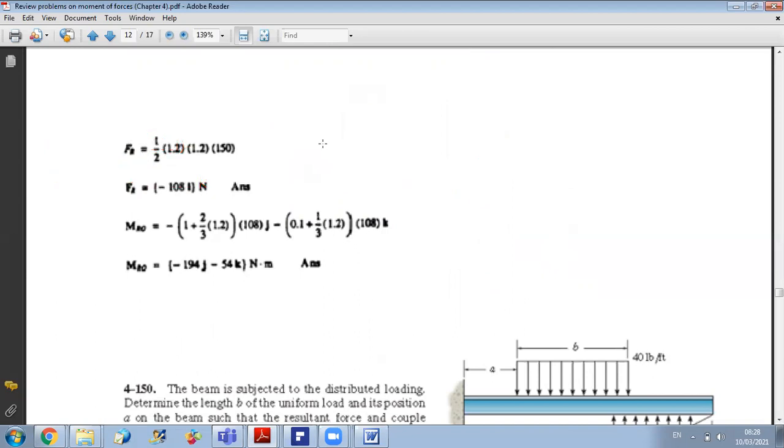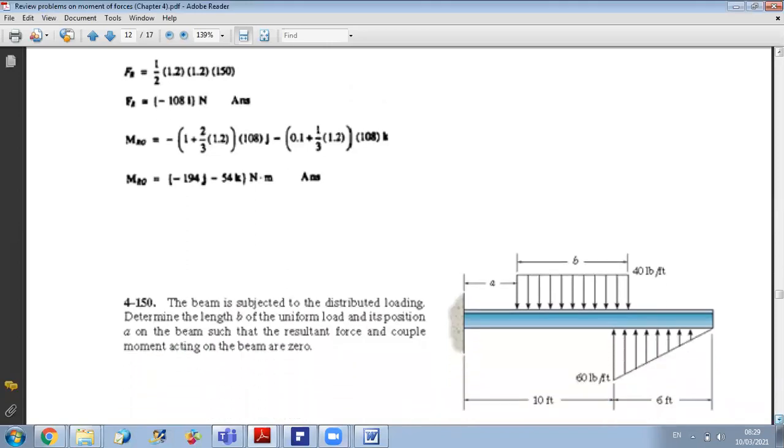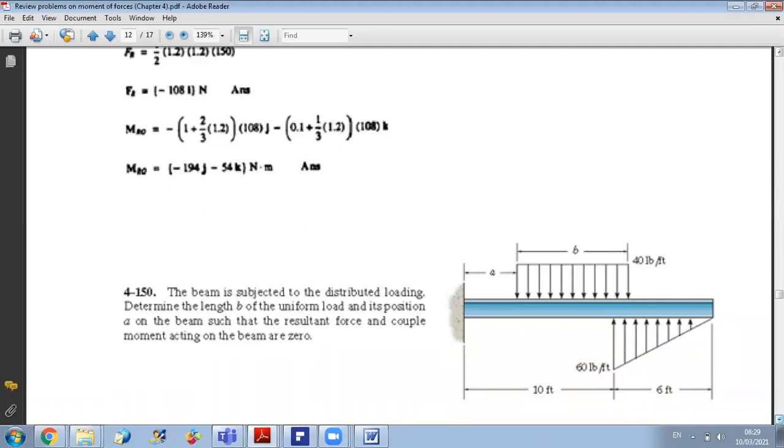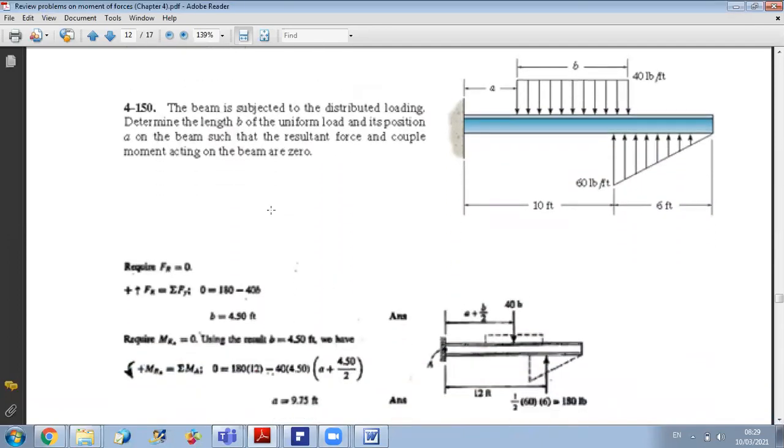So let us start with something else. The beam is subjected to the distributed loading.